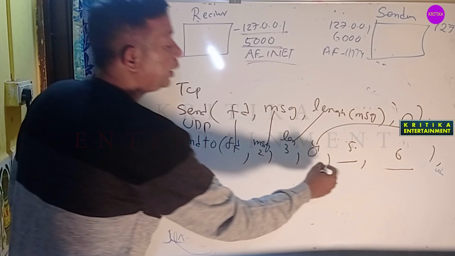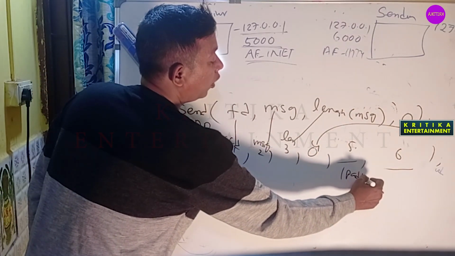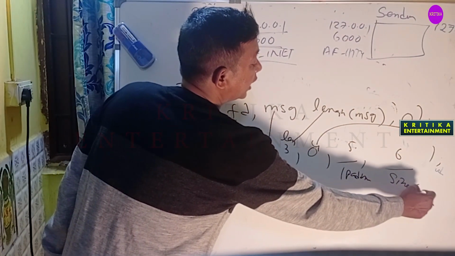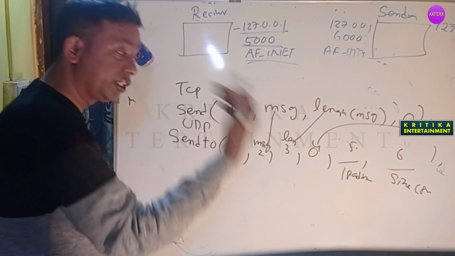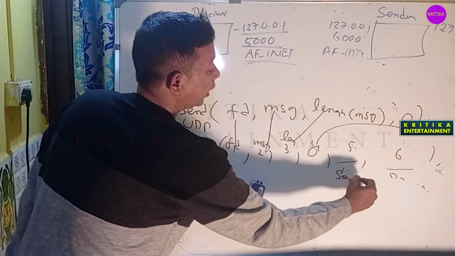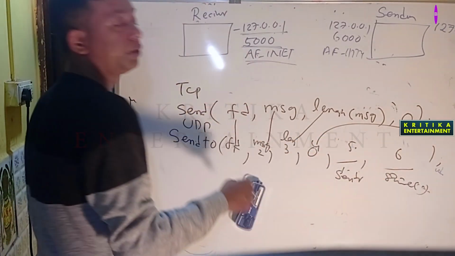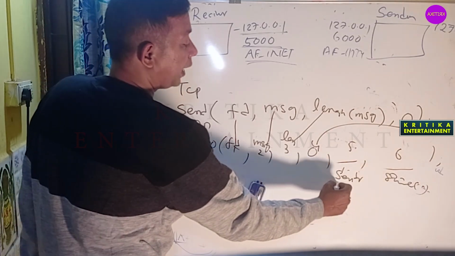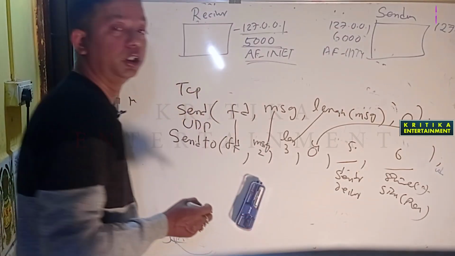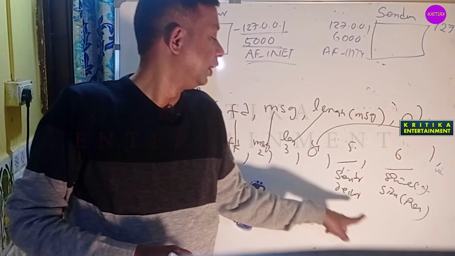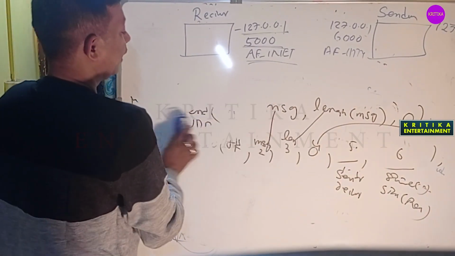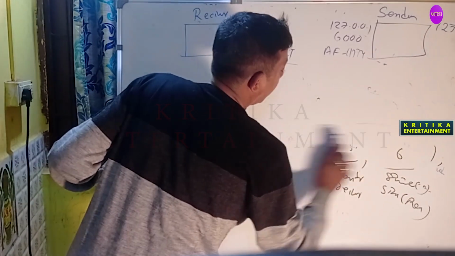So here you give the IP address or the structure name of where to send the data, and the size of that structure. If you want to send a message to the sender, you write sender and size of sender. If you want to send a message to the receiver, you write receiver and size of receiver.